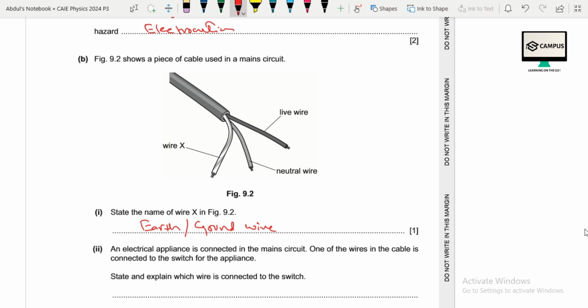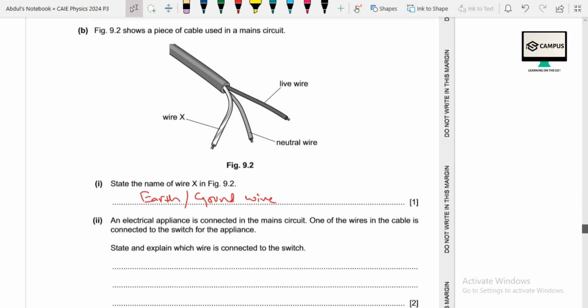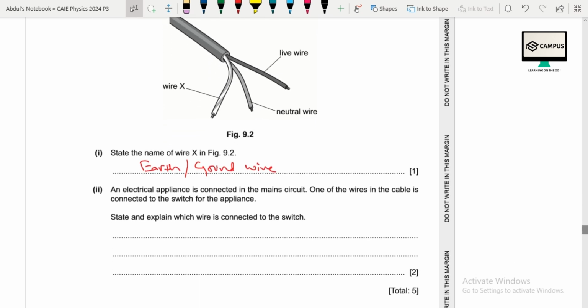For B subpart 2, an electrical appliance is connected to the main circuit. One of the wires in the cable is connected to the switch for the appliance. State and explain which wire is connected to the switch. So the wire connected to the switch should be the live wire. Why?